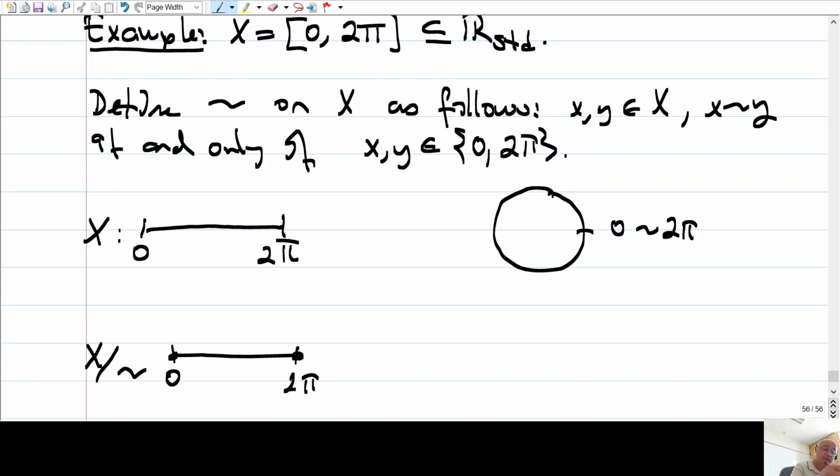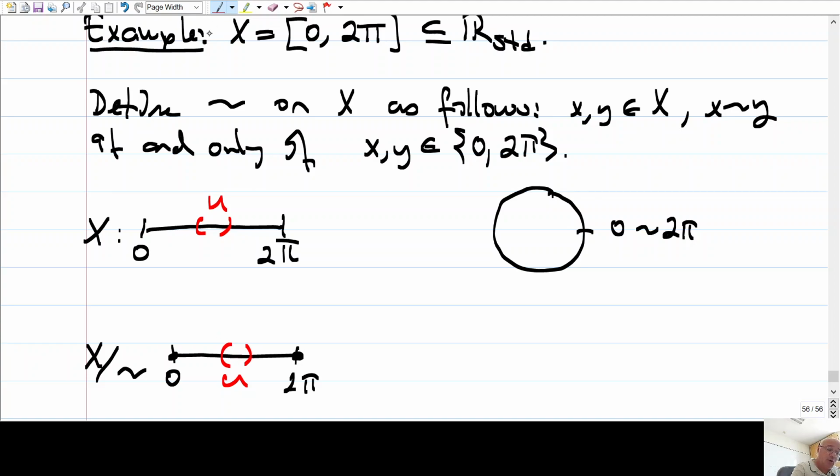Now, what are the open sets here? You see, a set is open if and only if its inverse image is open, right? So if you choose an open set like this, its inverse image is like this. So if you choose a subset like this, this will be open if and only if its inverse image is open. So if you choose this U above an open interval, then this will be open.